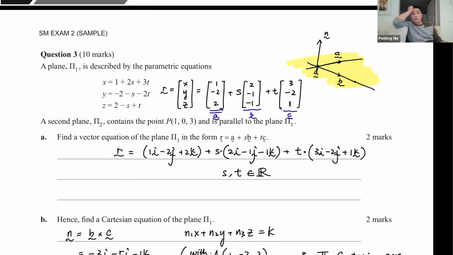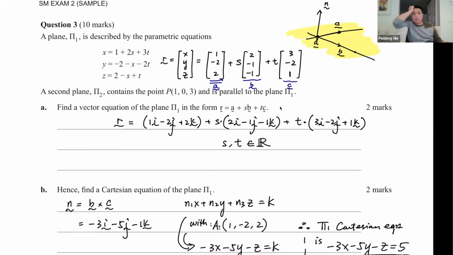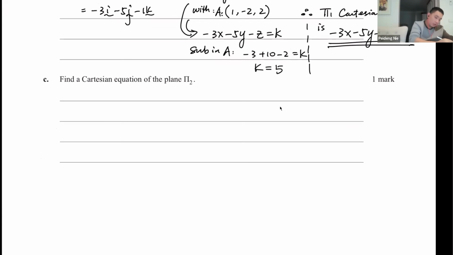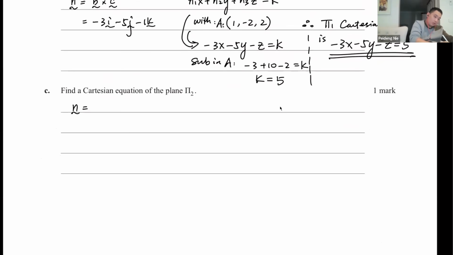Okay, now Cartesian equation for the pi 2. So a point E, 1, 0, 3 and parallel to the plane pi 1. This is parallel to the plane pi 1. They should have the same normal vector, okay? If they're parallel to each other, but now the reference point is different. So my normal vector is still -3i, -5j, -1k, okay?